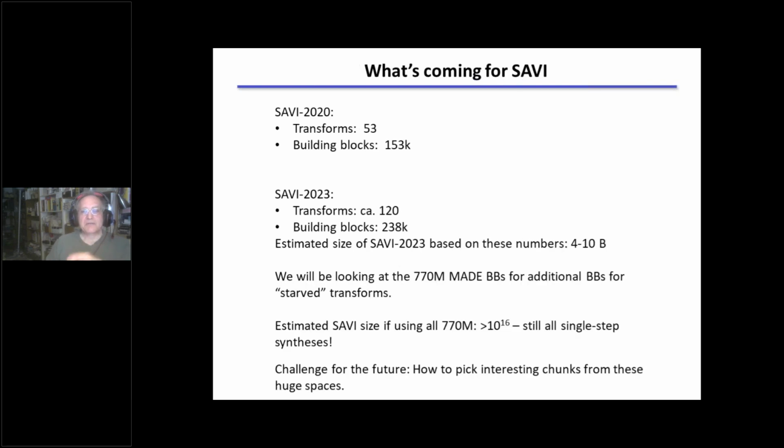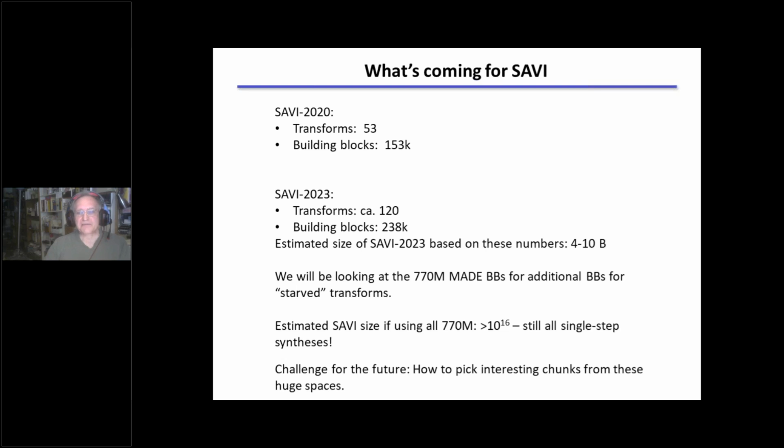Okay, with this, I'm coming to the end here. What is coming for SAVI? What are we working on and looking at? As I already said, for SAVI 2020 we had 53 transforms and 153,000 building blocks. For SAVI 2023, or 20X, we have about 120 transforms now.